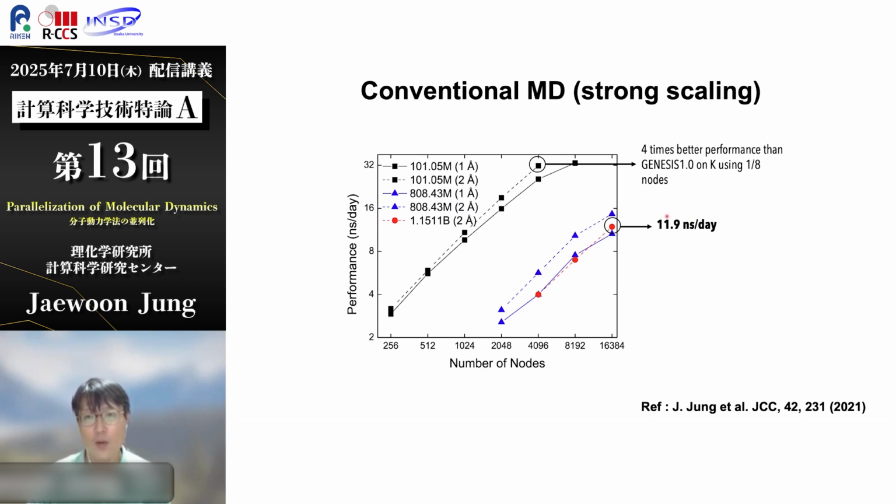And for a very, very large system like 1 billion atoms, we obtain this performance. We believe that this is one of the best performances for a 1 billion atom system.